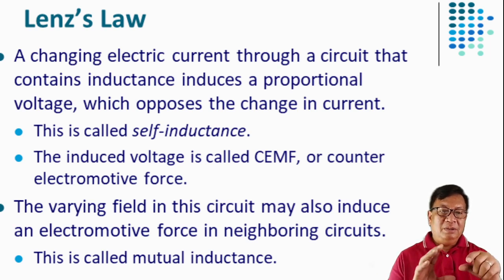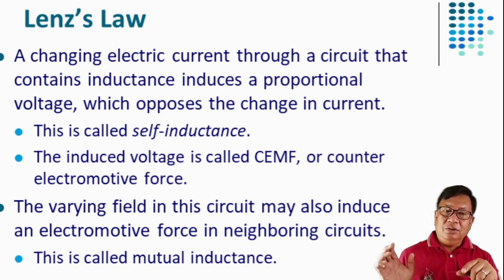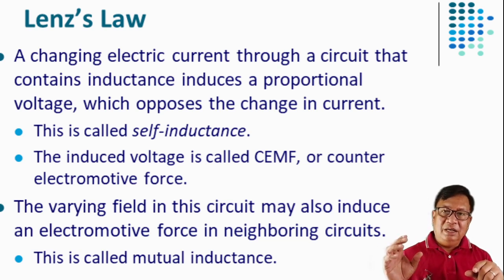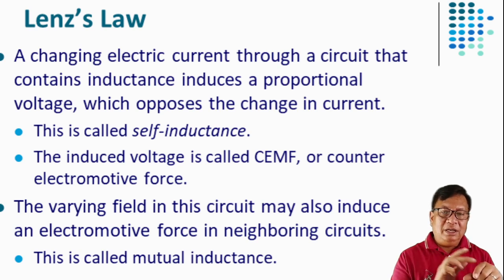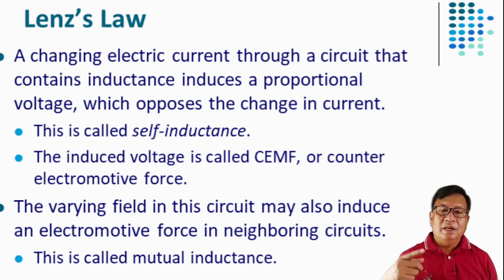So, it means we have produced magnetic fields here. When they reach the other circuit, we have another circuit or another wire or another coil. When this magnetic field reaches it, it will also generate in the other circuit because of our magnetic field. So that is what we call mutual inductance, the inductance from this circuit towards this other circuit. So we also have what we call induced voltage or induced current in the other circuit.